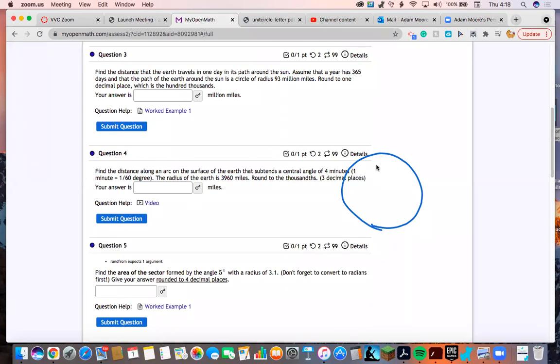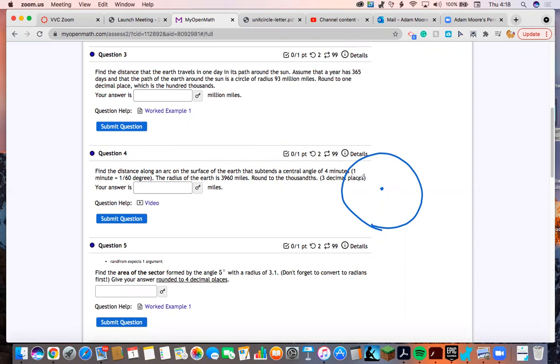Now we're looking around the surface of the Earth, and this time they give us a weird angle, in degrees, but actually a fraction of a degree. They say, find a distance along an arc that subtends a central angle of 4 minutes, and then they define what they mean by that.